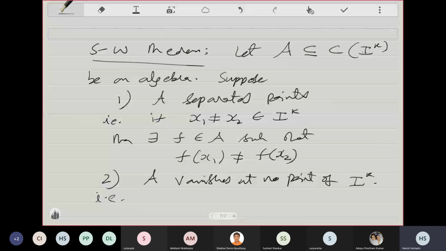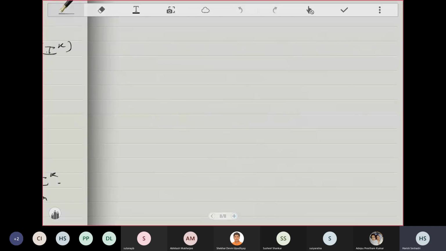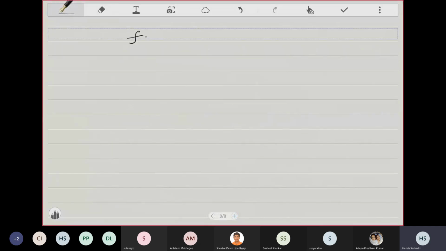Another way of stating it is that, given any point x in the K-cell, there is an f in the algebra such that f of x is not equal to 0.